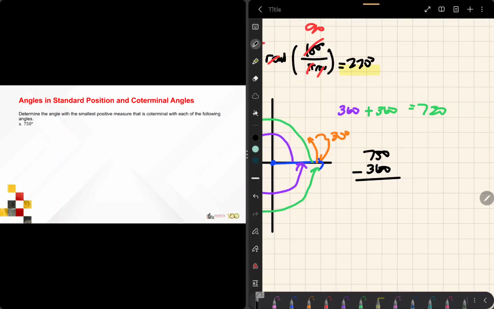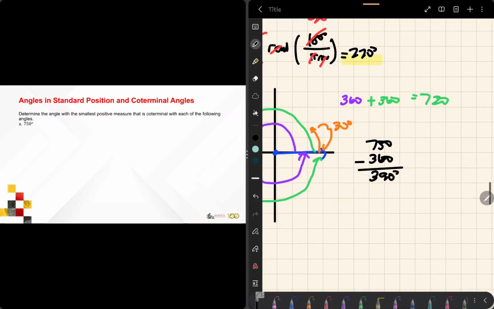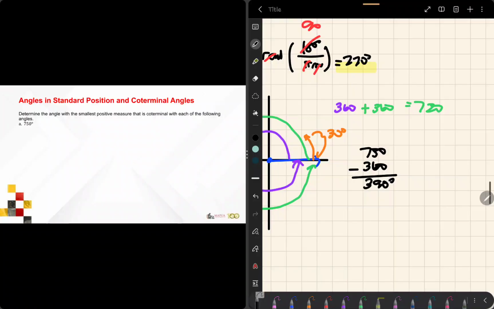So 750 minus 360, we will get 390 degrees. And next, subtracting it again by another 360, we will get 30 degrees.